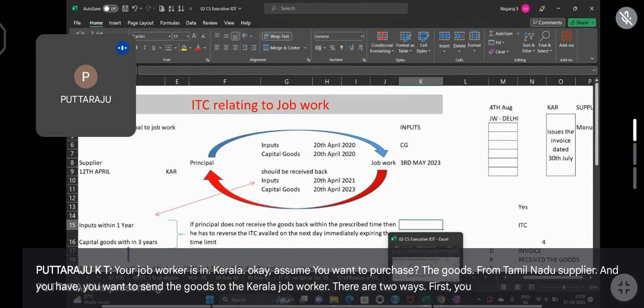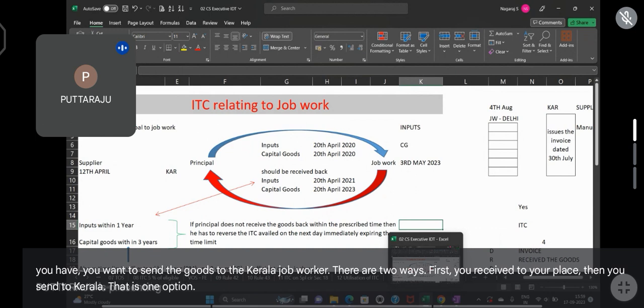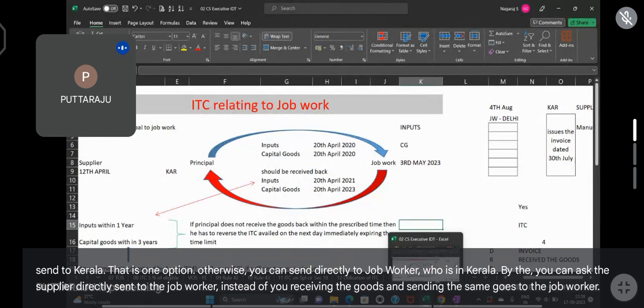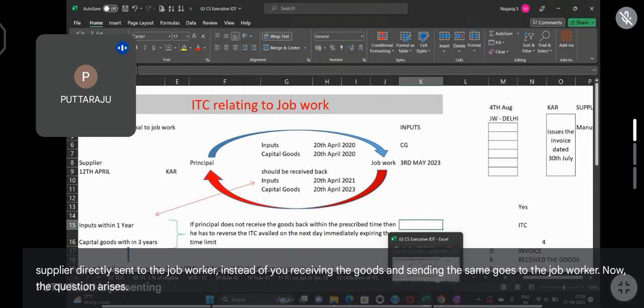First, you receive at your place, then you send to Kerala. That is one option. Otherwise, you can ask the supplier to send directly to the job worker in Kerala, instead of you receiving the goods and sending the same goods to the job worker. Now the question arises, when can I avail the ITC?